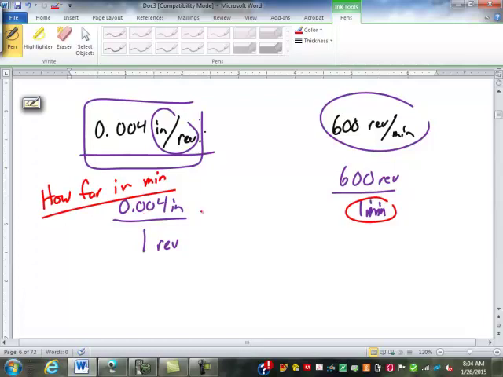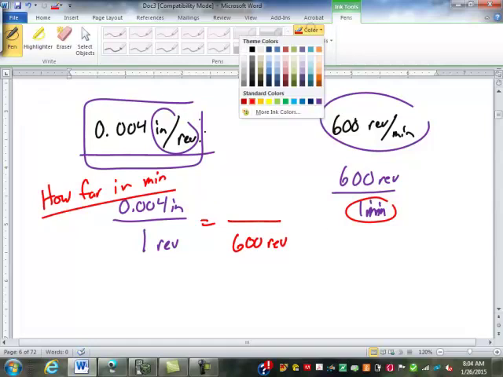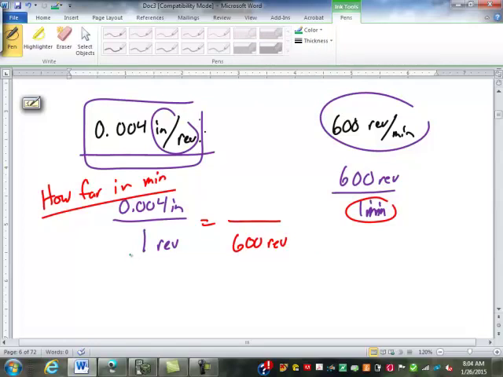So if it's 4 thousandths of an inch in 1 revolution, how many inches in 600 revolutions? Now it's a matter of cross multiply and divide. Whenever you see a 1 here, we know the dividing doesn't have to happen. 0.004 times 600 is, what's that? 2.4, good. So in 1 minute, that can advance 2.4 inches.